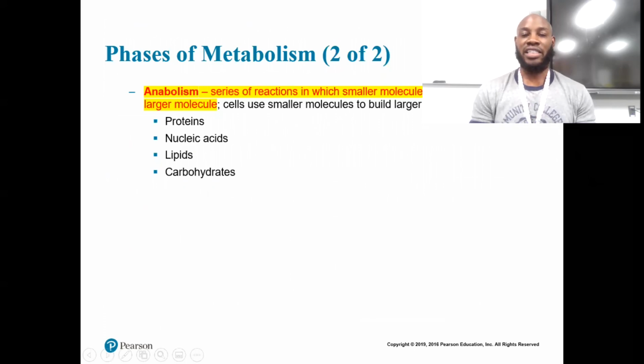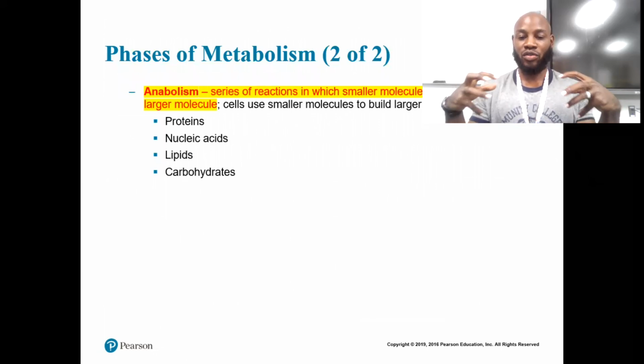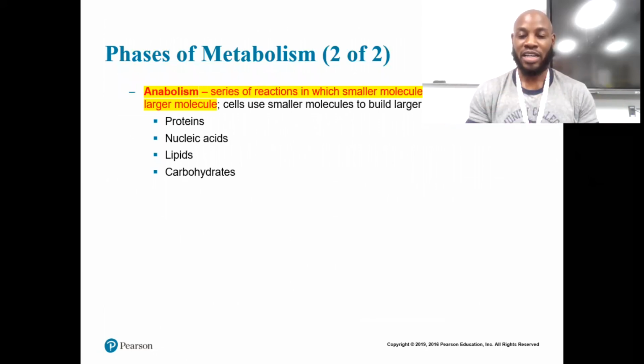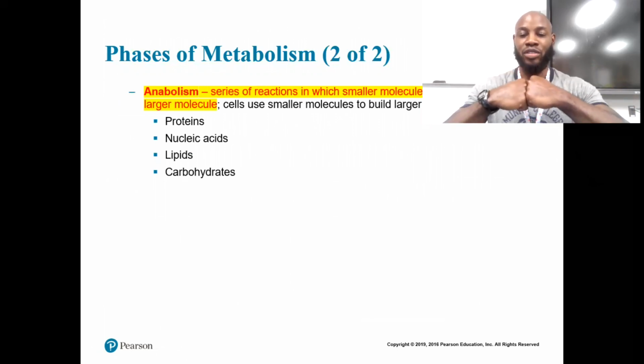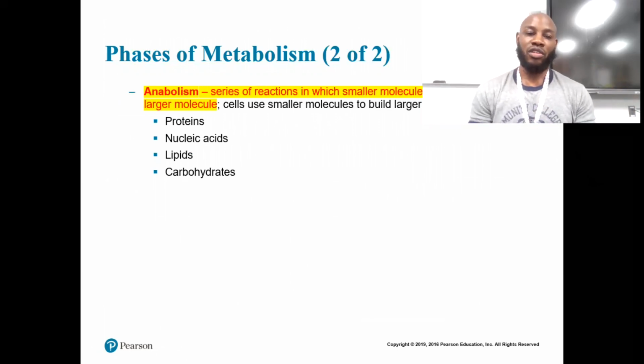They are building reactions. Okay, so reactions where we take two smaller molecules and combine and build together. So catabolism, break it down; anabolism, build up. And we can use smaller molecules to build proteins, building muscle, for instance. That's an anabolic reaction. You may have heard of anabolic steroids.